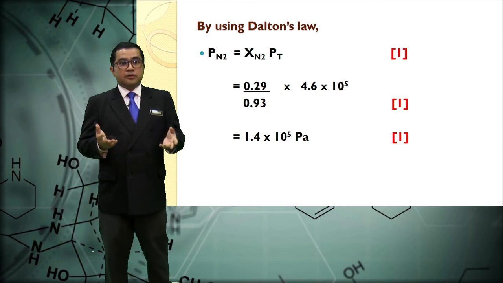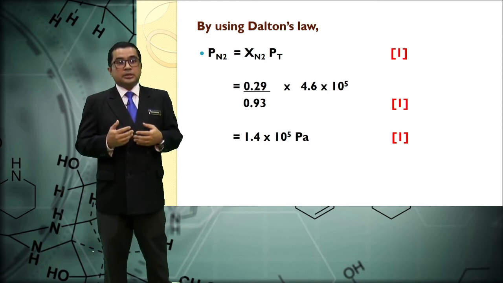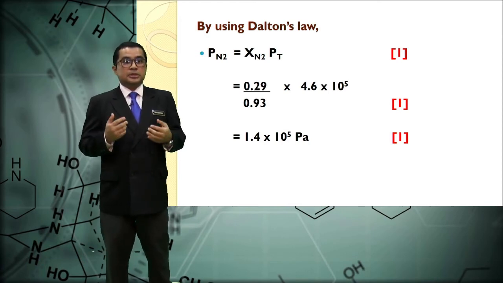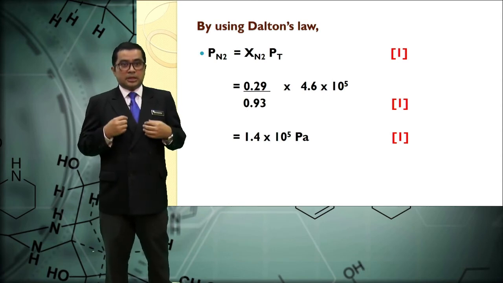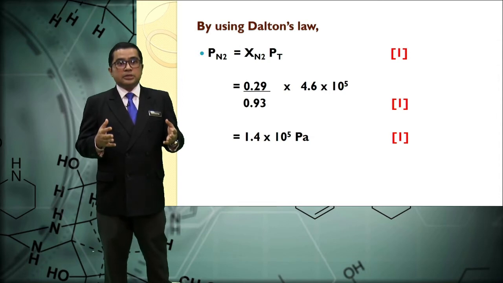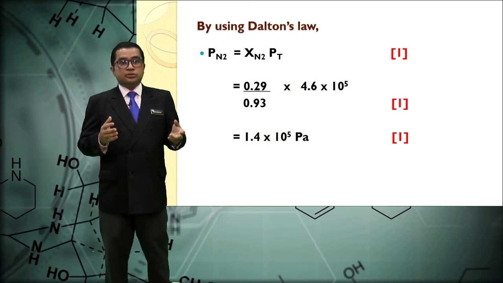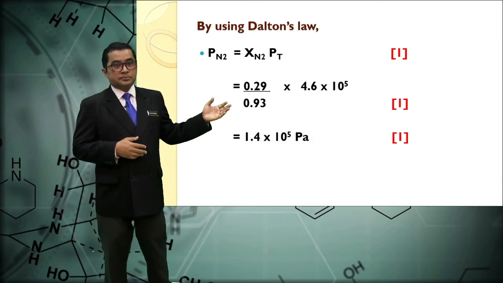How to determine the mole fraction, students? To determine the mole fraction, you should have the mole of nitrogen and the total mole. So the mole fraction of nitrogen is given by 0.29 divided by 0.93.